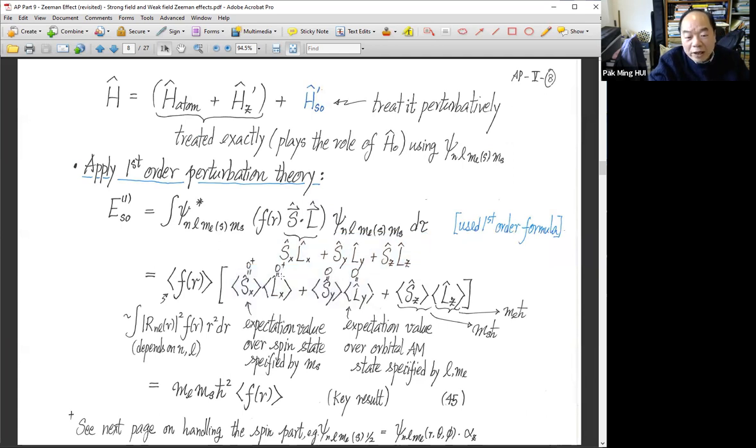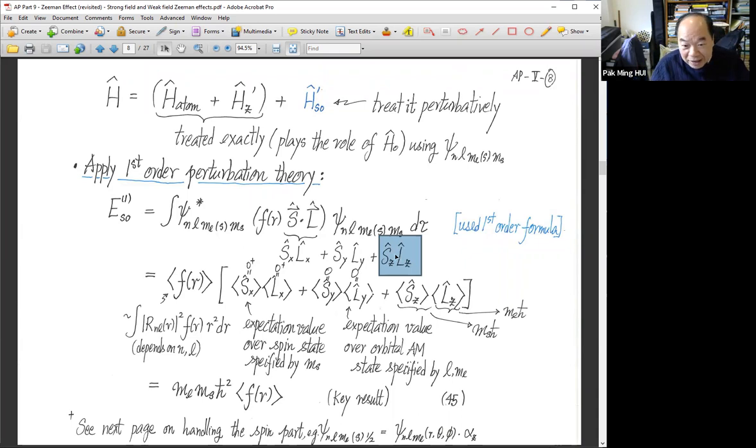Of course, more rigorously, you can also argue that this expectation value for the angular part is also 0. This week, the TA will demonstrate this point to you in sample question number 11. So all in all, we are left with this term, expectation value.